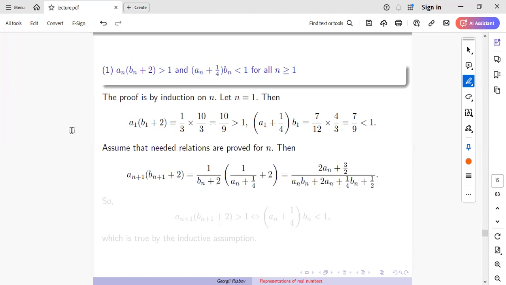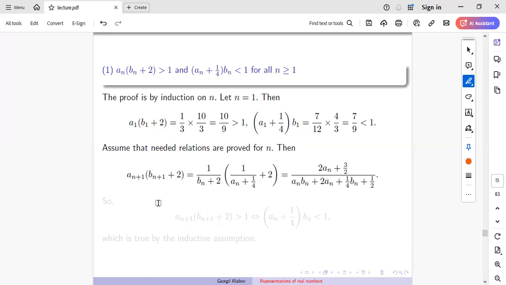Now assume that we proved the relations for n. And let's look at A_{n+1} times (B_{n+1} plus 2). A_{n+1} is 1 over (B_n plus 2). B_{n+1} is 1 over (A_n plus 1 over 4) plus 2. Now let's multiply. In the numerator, we will have 2A_n plus 1 half. So this is 2A_n plus 3 over 2. And in the denominator, we will have A_n B_n plus 2A_n plus B_n over 4 plus 1 half.